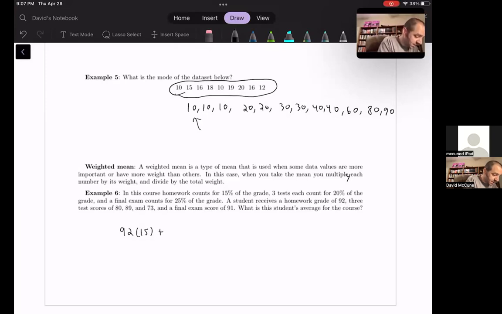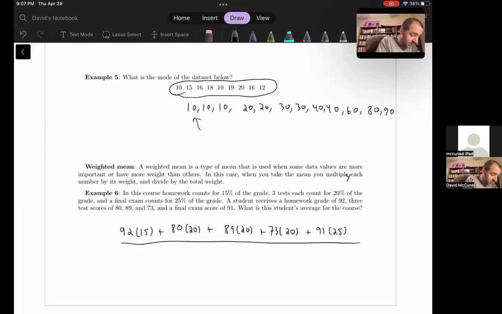And then the student got an 80 on an exam worth 20, an 89 on another exam worth 20, 73 on an exam worth 20, and then a 91 on an exam worth 25. The total weight in the system is 100 for the 100%. If you calculate this out on your calculator, you get 84.95.